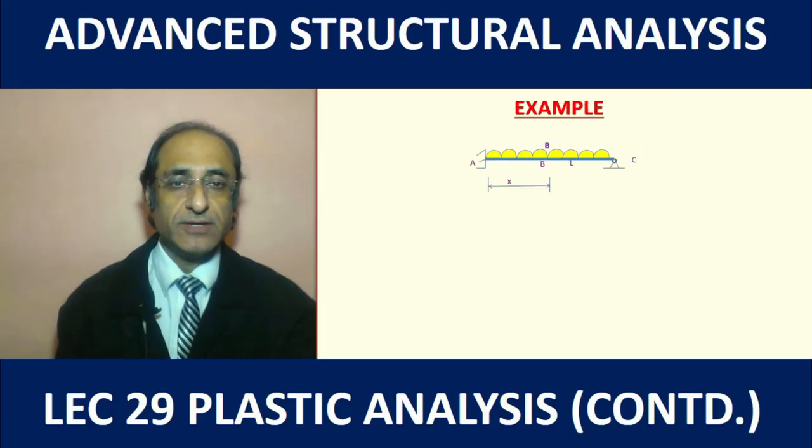So let's apply this principle on a beam. So here we have a beam which is a sort of prop cantilever, and this is under a UDL. For the method we are using the method of virtual work, so we don't need the actual values involved with the bending moment diagram.